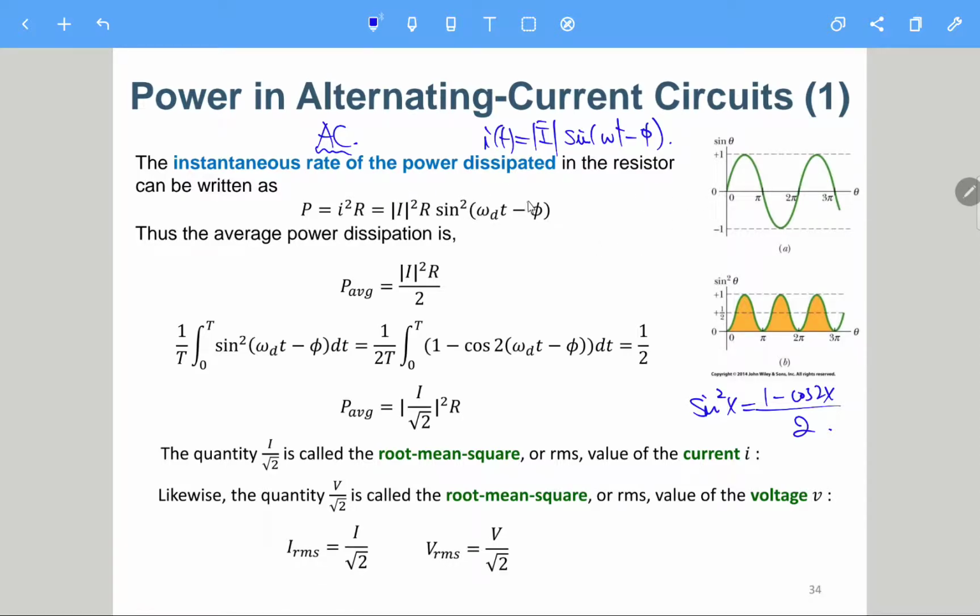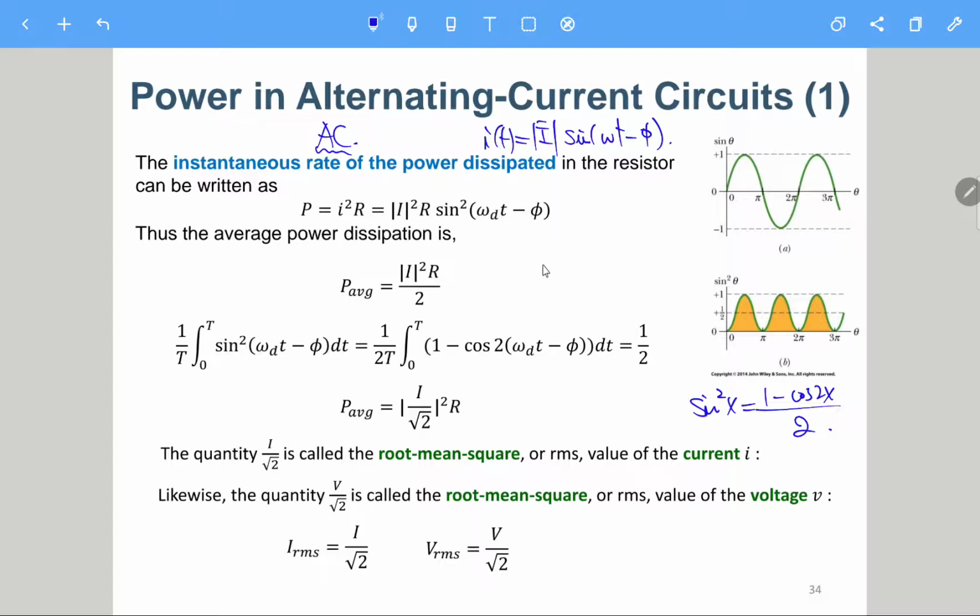If we only concern the average value of I, it will be 0, because half of it will be positive, half of it negative, and they are symmetric. So the average value of the current or the voltage is surely 0. But after taking the square, it is all positive, and then we take the average value of the instantaneous power.